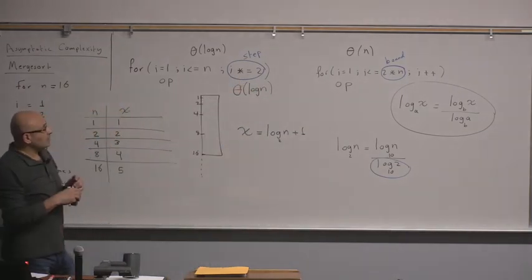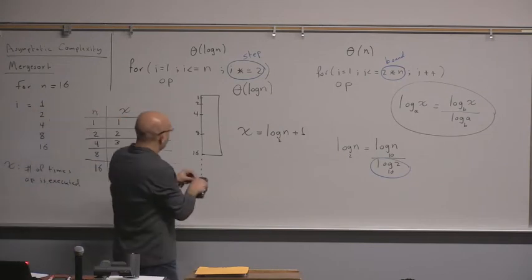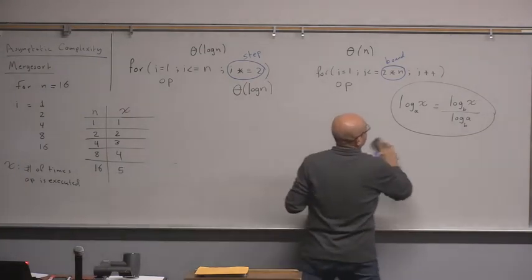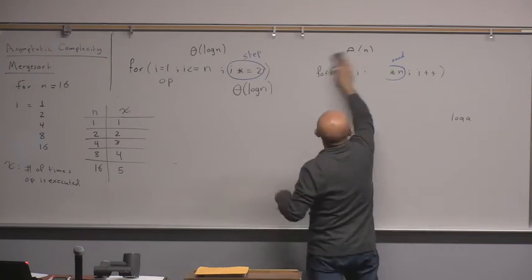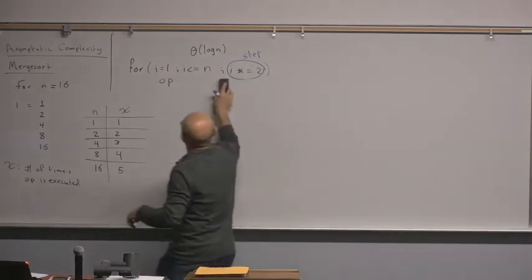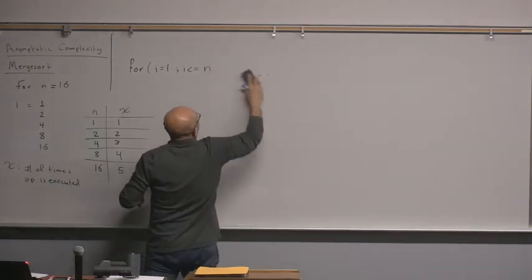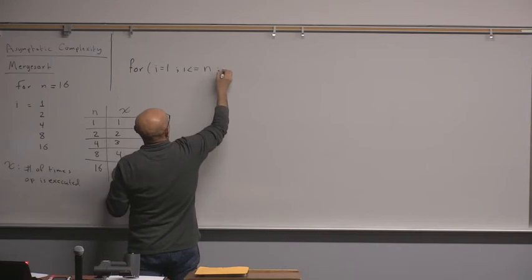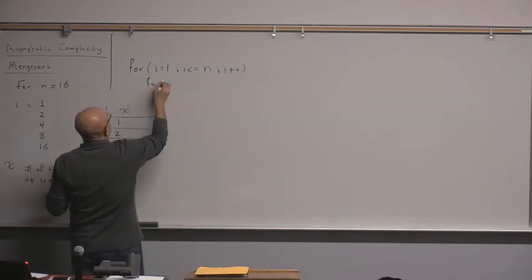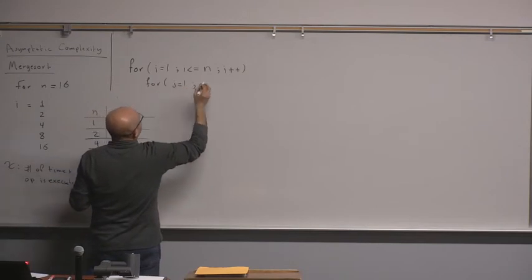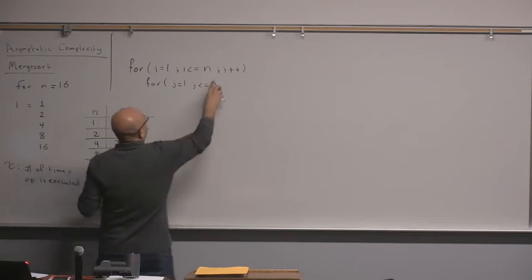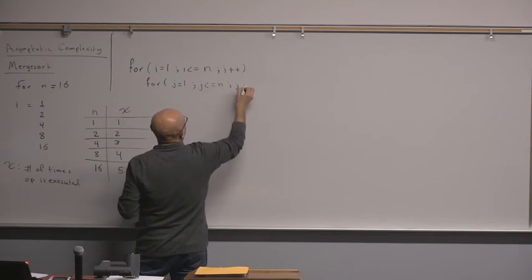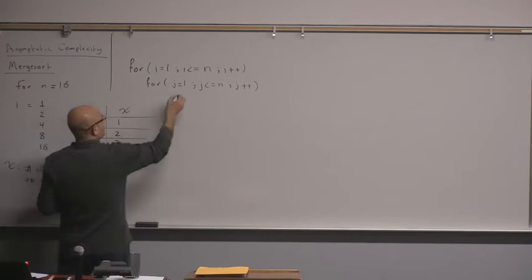Okay, so now let's do some loop nesting. So the simple loop nesting: for i equals 1, i less than or equal n, i plus plus, and for j equals 1, j less than or equal n, j plus plus, and we have an operation here.